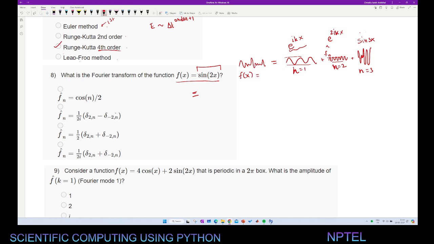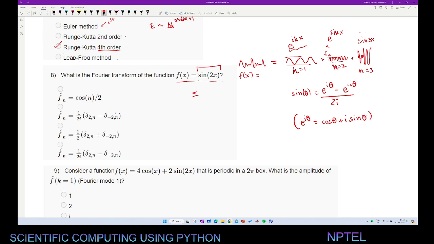Do we know how to write sine 2x? Yes. So formula for sine theta is e to the power i theta minus e to the power minus i theta divided by 2i. And what's the proof? Well, you use just the Euler identity, right? Cosine theta plus i sine theta.